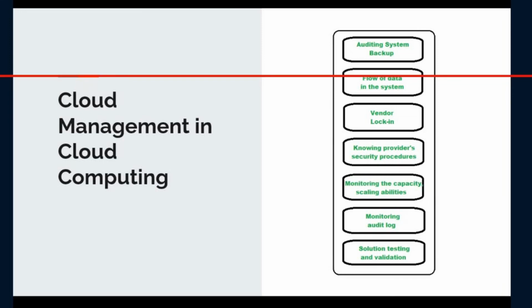Knowing the provider's security procedures. The managers should know the security plans of the provider, especially multi-tenant use, e-commerce processing, employee screening, and encryption policy.